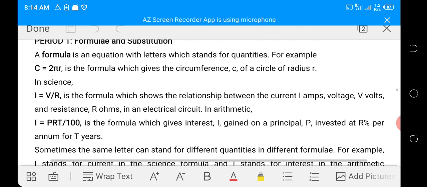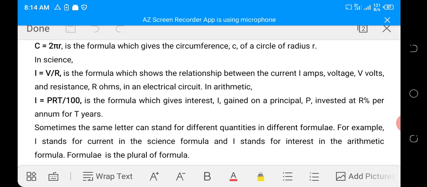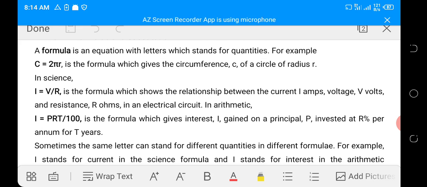What they are saying here is that all the three examples of formulae given, C is equal to 2 pi r, I is equal to V over R, and I is equal to PRT over 100, are all formulae which relate two or three quantities together.